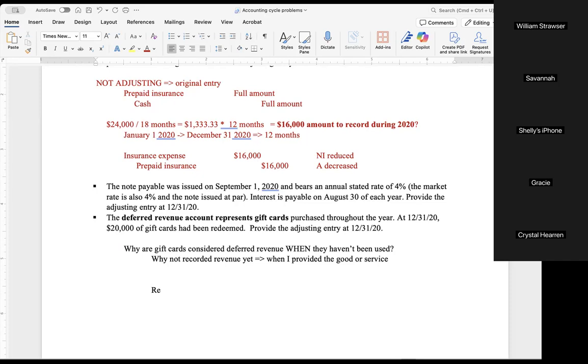Right, exactly. Good. Revenue. So I'm going to credit revenue for the amount that were redeemed. What's my debit to? Deferred revenue. Exactly. Deferred revenue comes down. So we're earning the revenue over this year, and we're able to record revenue because of that.